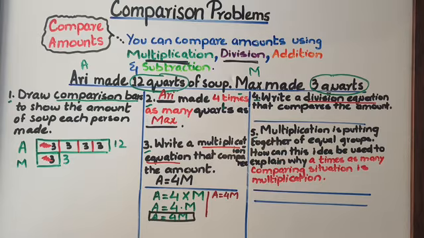Remember the rule: the operation which we do on one side of the equation, we do the same operation on the other side of the equation. So I'm going to use the same thing over here, E equal to 4m. I'm going to divide by 4 on this side of the equation and do the same thing on the other side.